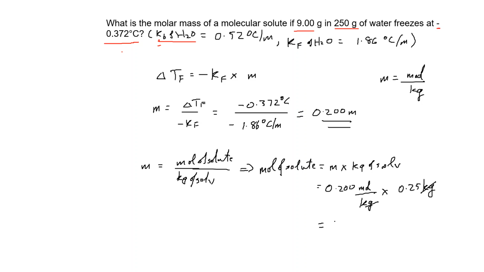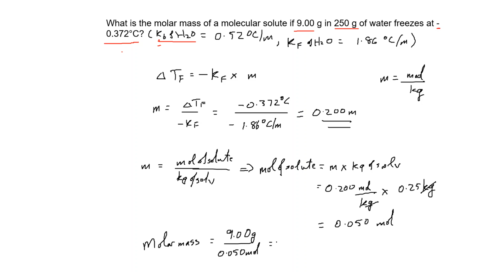again, you have to be careful about the sig figs. In this case, it's 2 sig figs, 0.050 moles. So once we do that, we can now calculate the molar mass. So the molar mass is equal to the grams of the solute, which is 9.00 grams, divided by 0.050 moles.